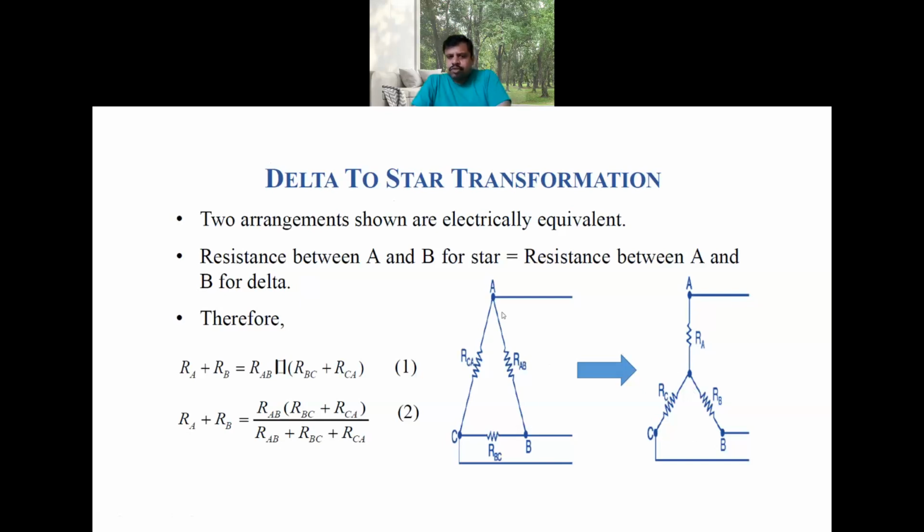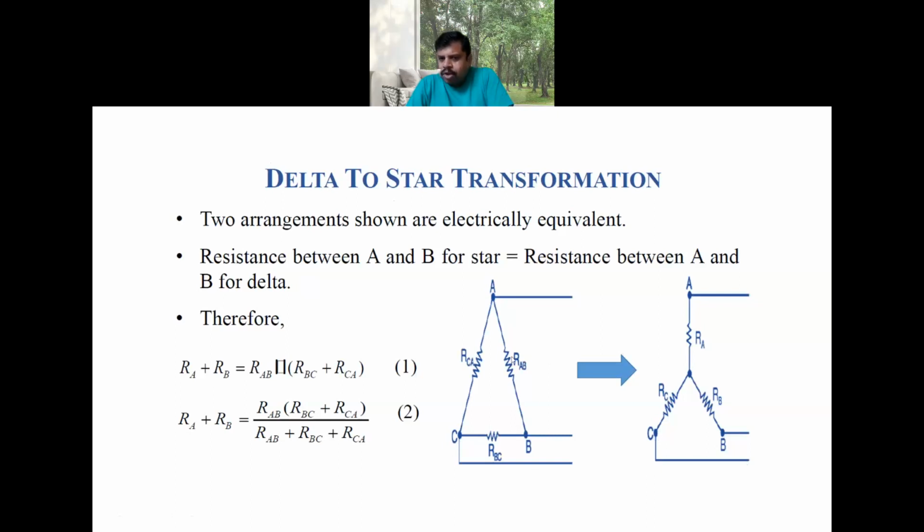Let us consider the equivalent circuit between the A and B terminals. We are assuming that while dealing with A and B, nothing is connected to C outside. Then C is not connected to anything in the delta, and C is not connected to anything in the star also.